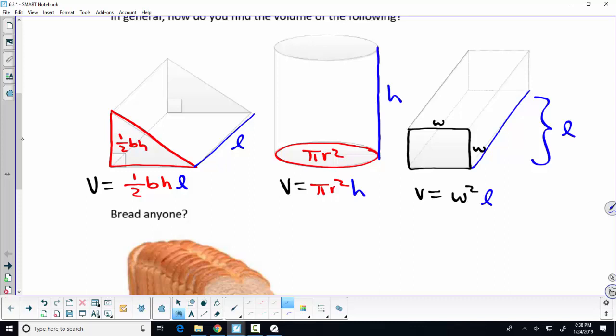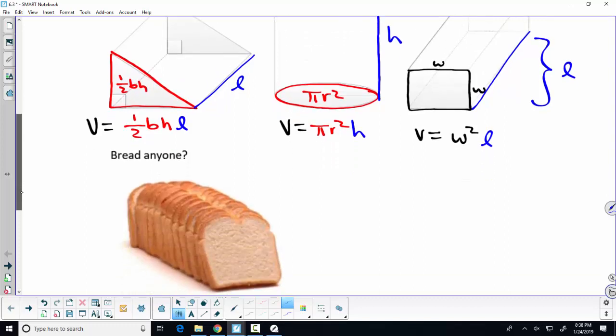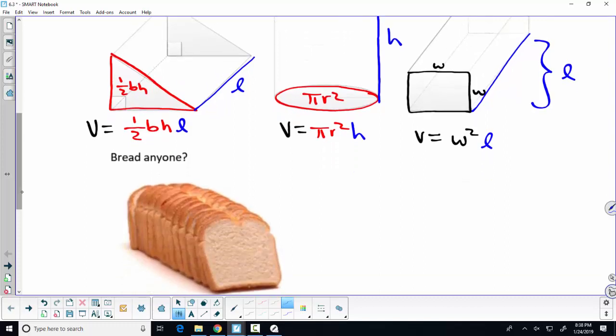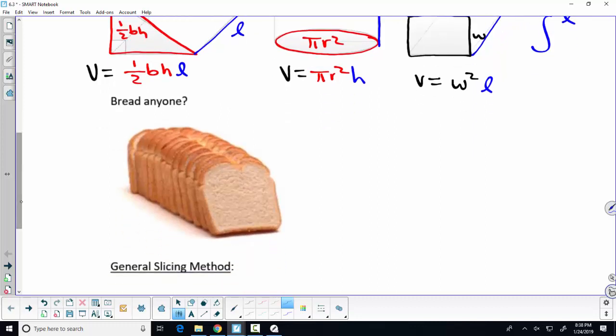So what we're going to translate that into is the area of the cross-sectional slices. Of course, in something like this, a cross-sectional slice isn't a regular geometric figure, so we can't just say the area is length times width. They're typically described by a function instead of a figure.